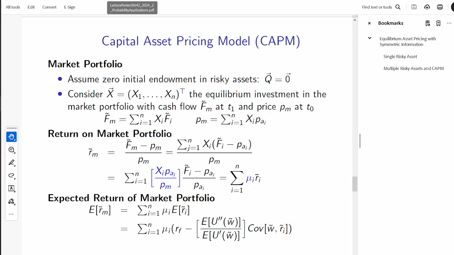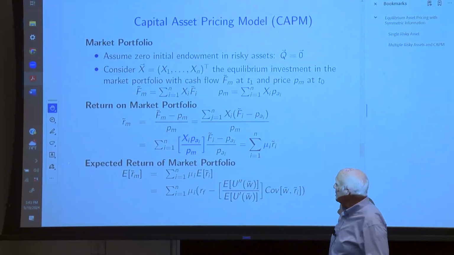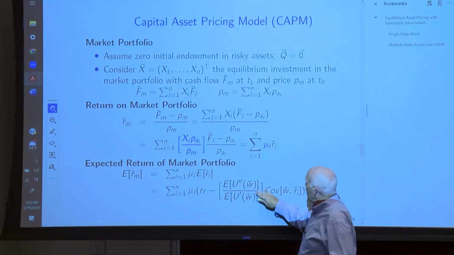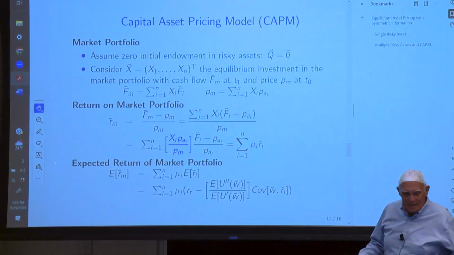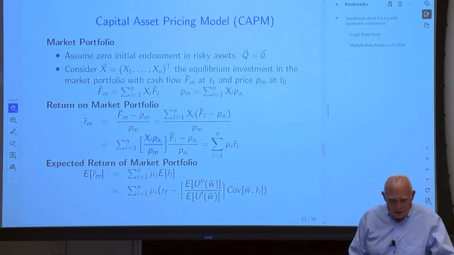And the return of the market portfolio will just be the change in value divided by the initial value, which corresponds to a weighted sum of the asset changes or percentage returns. So the percentage return R tilde M is simply the weighted returns of the individual assets. And this is our expected return of the market portfolio when the underlying assets satisfy these pricing conditions.